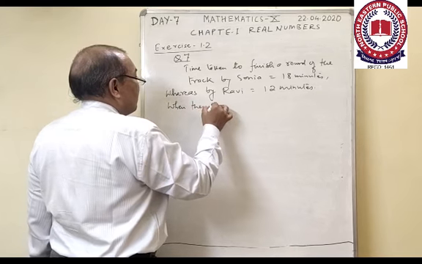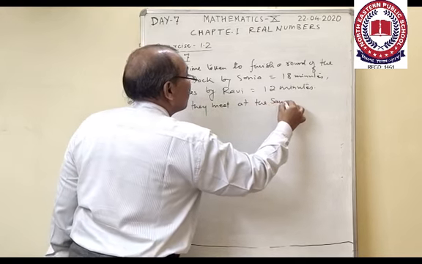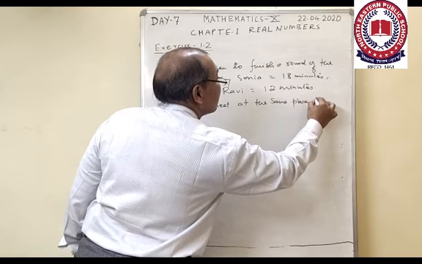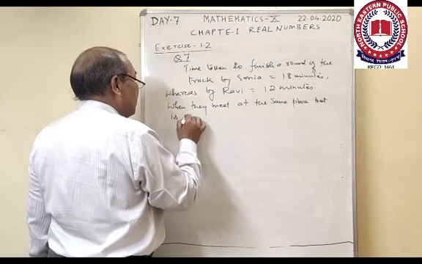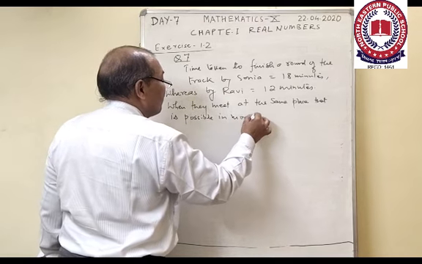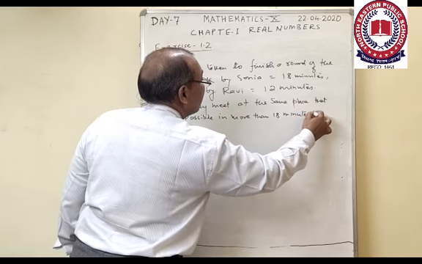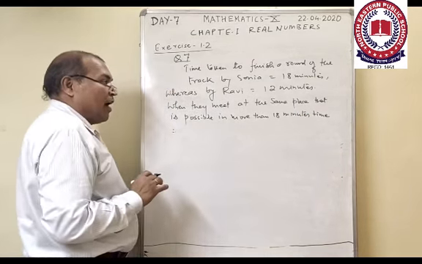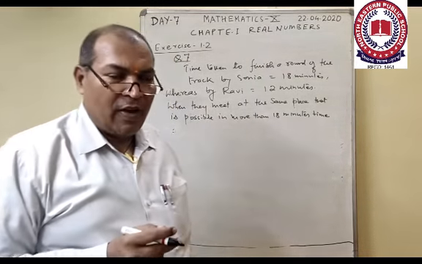When they meet at the same place, that is possible in more than 18 minutes time, and therefore we need to find the LCM of the two positive integers 18 and 12.